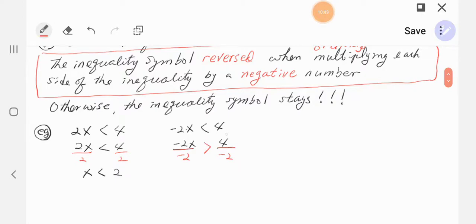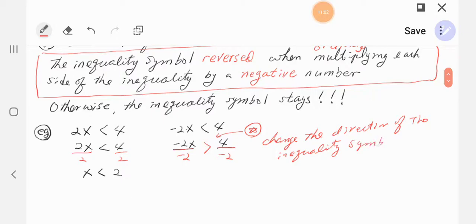This is really, really simple, and very, very important. Why? Because we are dividing or multiplying the inequality by a negative number.